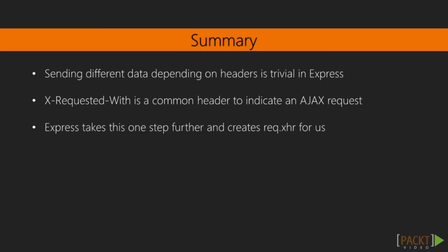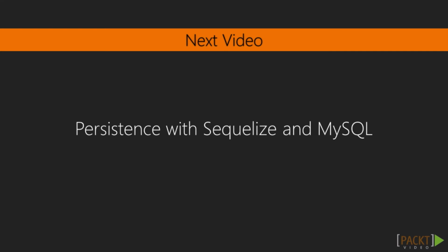Express takes this one step further and creates req.xhr for us. This is a helper set on req. In addition, we talked about jQuery today, but it is also used in lots of other JavaScript frameworks, such as Angular. In the next video, we'll take a look at the final part of this section, data persistence with MySQL.